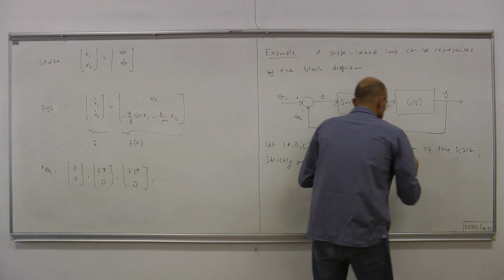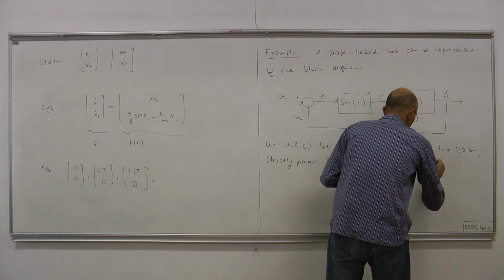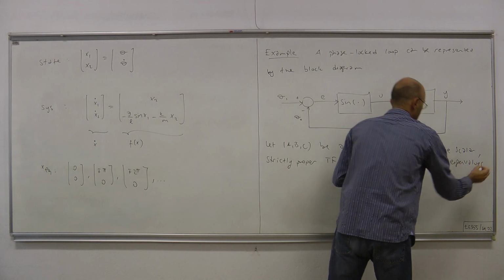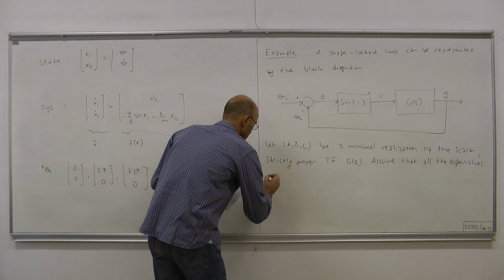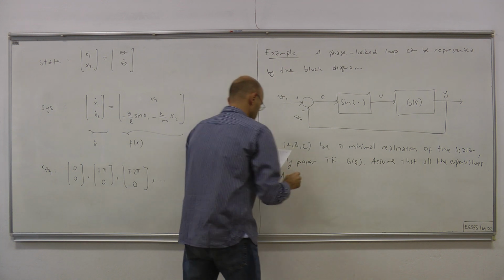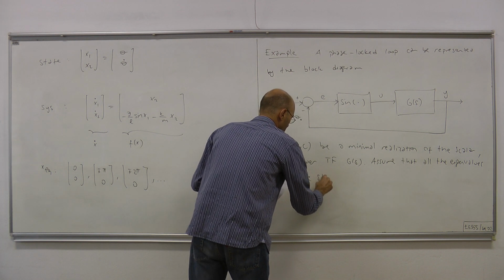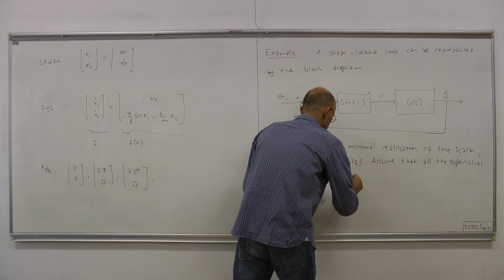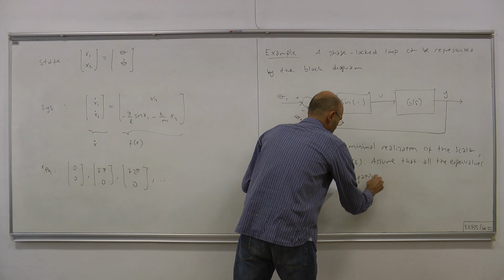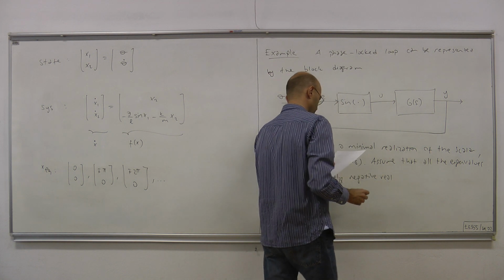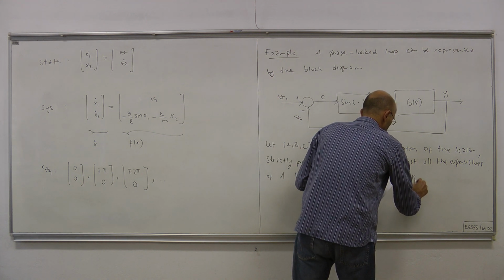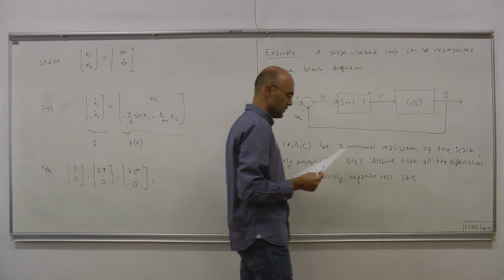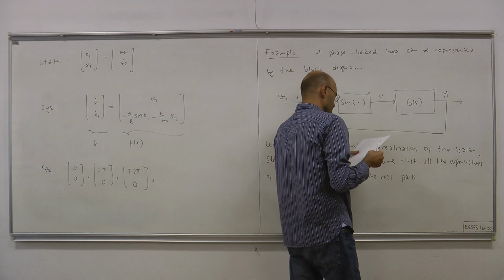Assume that all eigenvalues of A have strictly negative real parts. Okay. Therefore, we're talking about an exponentially stable case for this block.